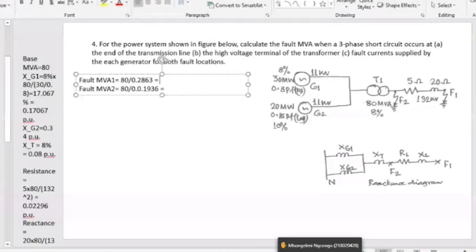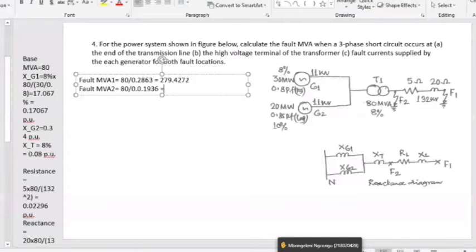Can you give me the answer? 279.4347, 4272. That's the first one.